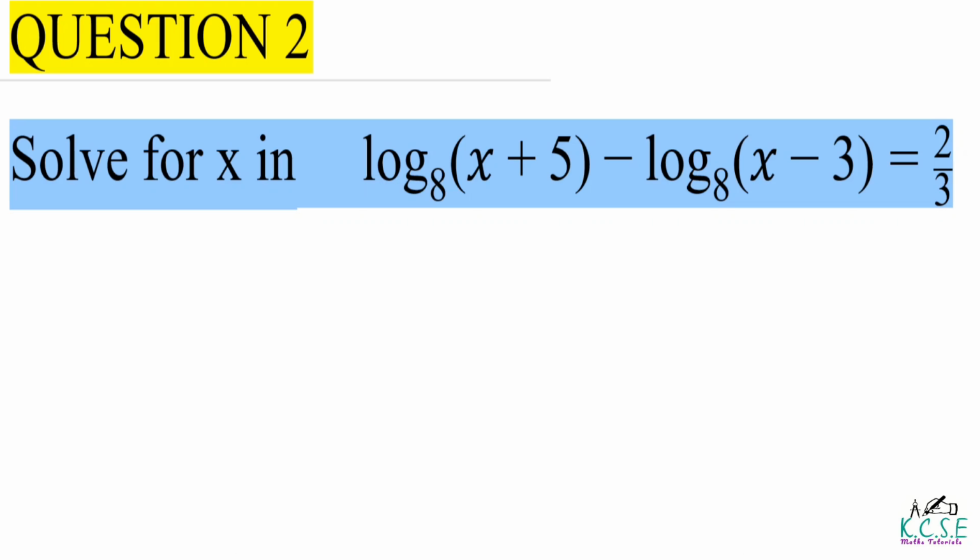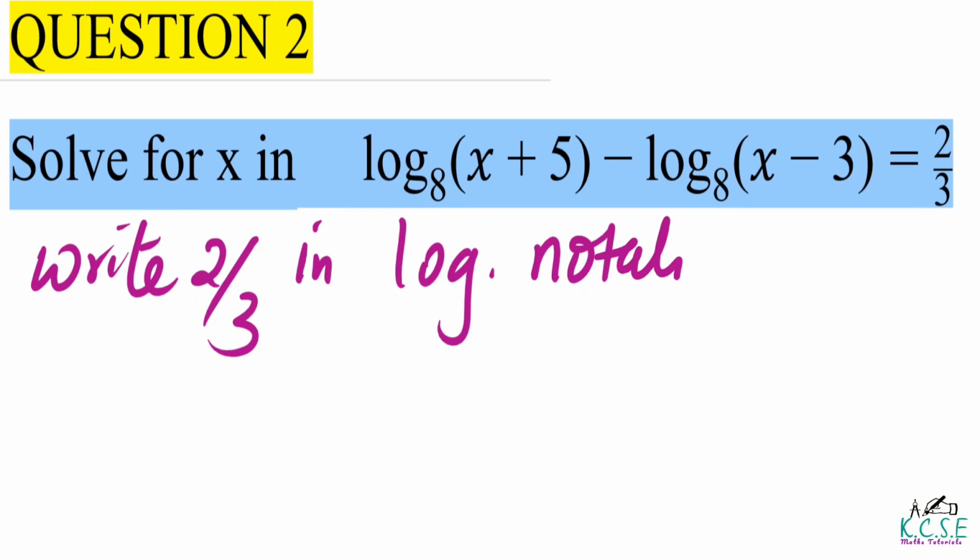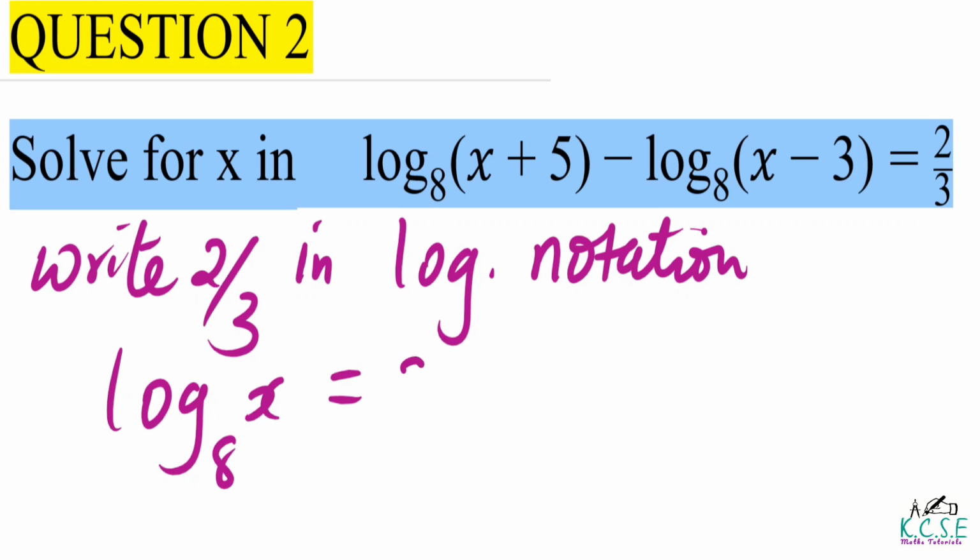So the first thing is to write 2/3 in logarithmic notation, and this is how we do it. We let log of a certain number x, the base is 8, that should give 2/3. That is how we express 2/3 in logarithmic notation.